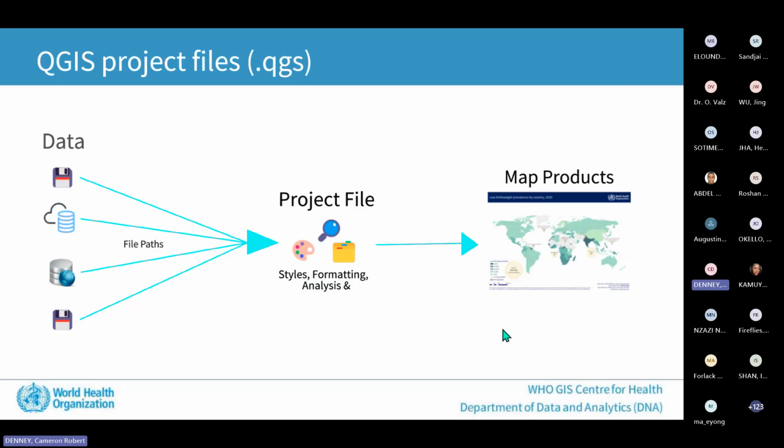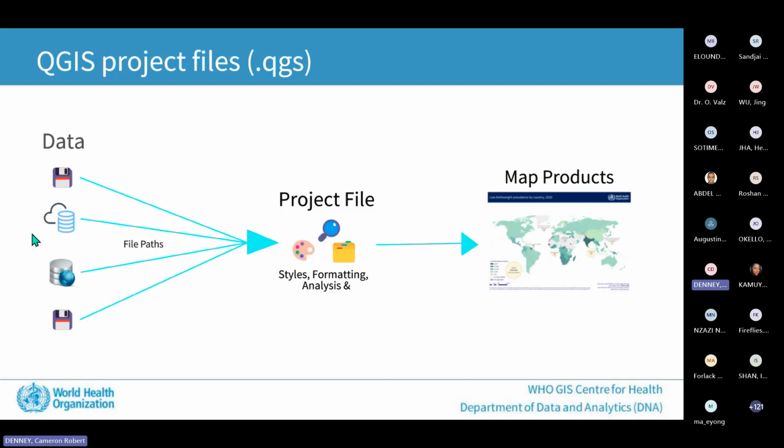Cool. So one technical note is we're going to create a QGIS project here in just a moment. And we're going to save that as a project file, a QGIS project file. But these project files only remember where to find your data. So for today, we've prepared all the data that we'll use. It's in that folder that we can link to download.